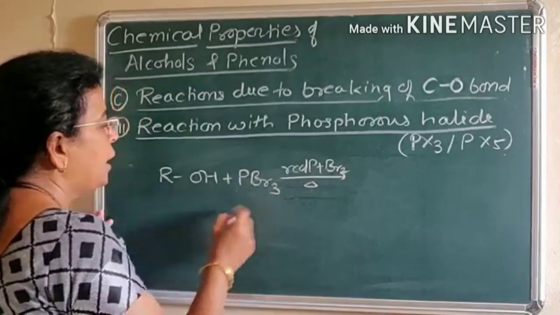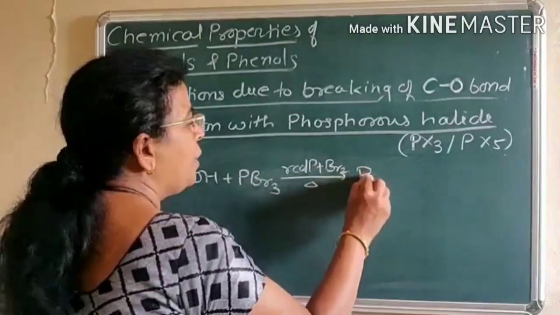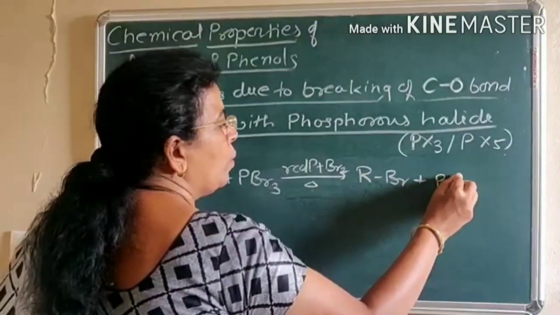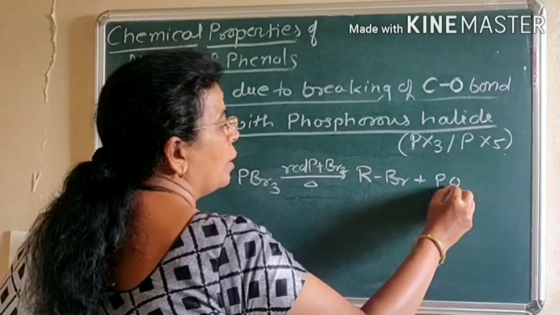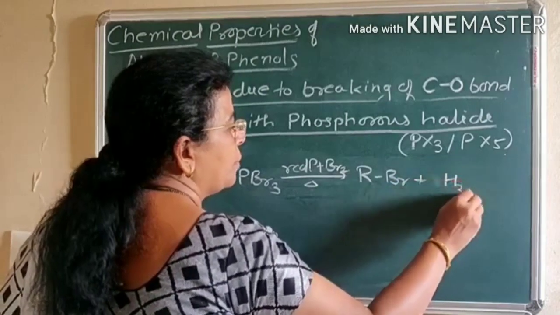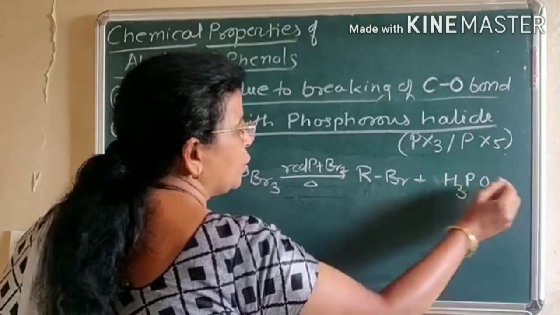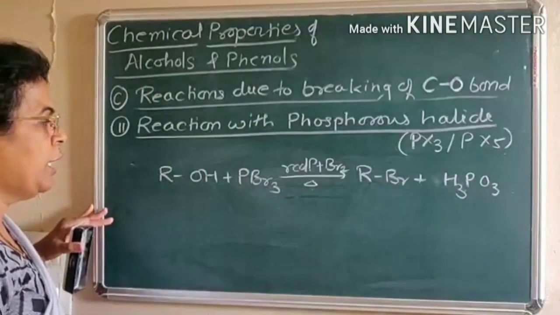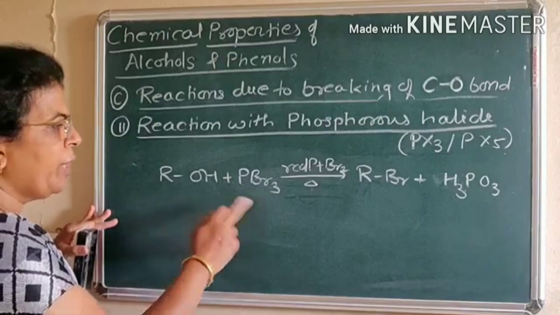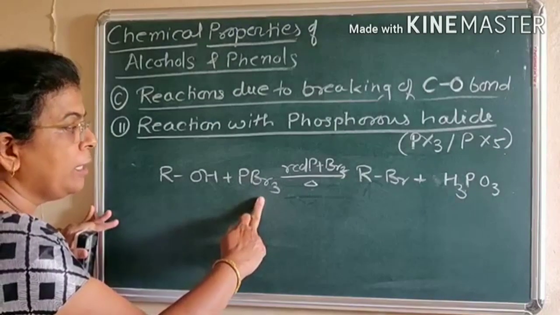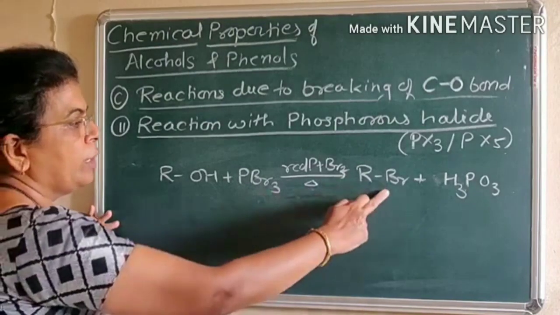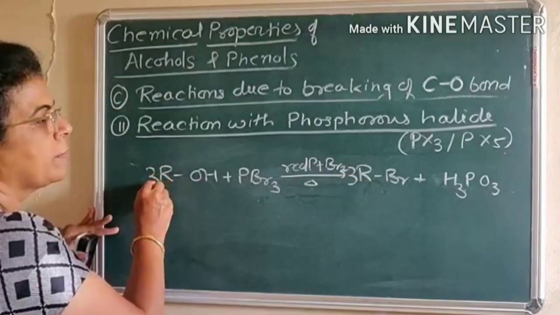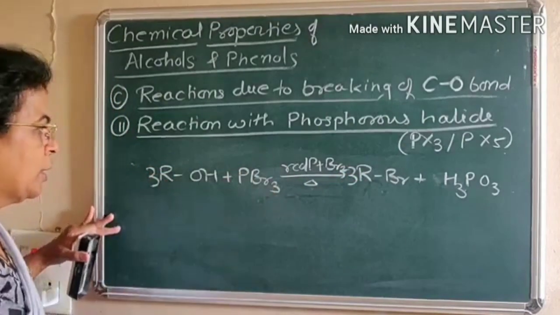Reflux this, then here formation of RBr plus H3PO3 is obtained, that is phosphorous acid is obtained. Here formation of alkyl bromide plus H3PO3 takes place. Now here we have to balance this reaction. There are 3 bromine and here there is only 1. Therefore write here thrice, then here thrice. Then this is balanced reaction.